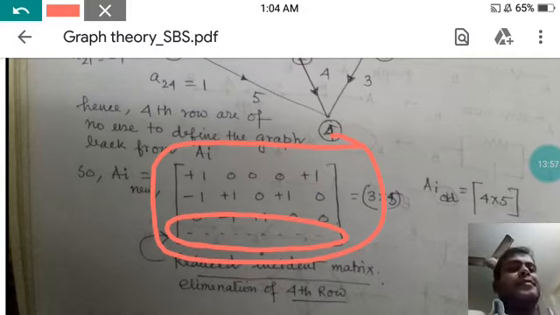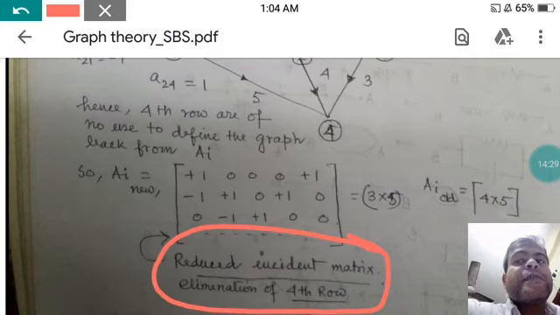So in this class I have explained the concept of the incidence matrix, what the reduced incidence matrix is, how the incidence matrix is created, how by the help of the incidence matrix you can judge whether a graph is a tree or a complete closed loop graph, and some properties, and also the elimination style. It means which row has to be eliminated to make a reduced incidence matrix from an incidence matrix.